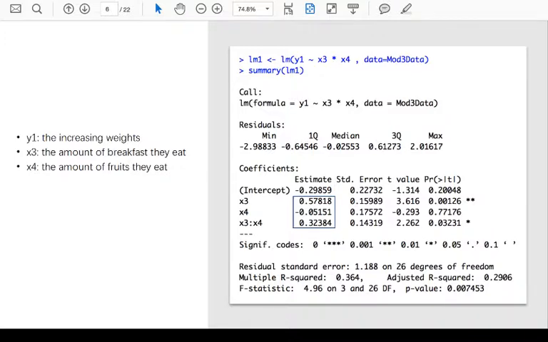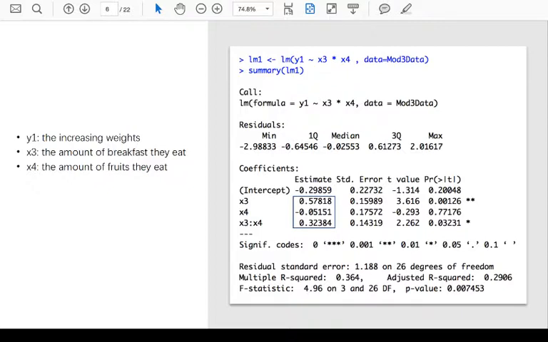Now, let's start our regression analysis. Here I use the amount of breakfast they eat and the amount of fruits they eat to predict the weight increase in this program. I ran this code in R, and it shows some residuals, and this is the important part we need to know. It shows the weight of those effects.